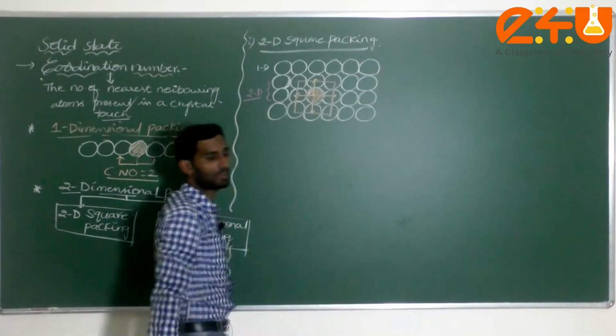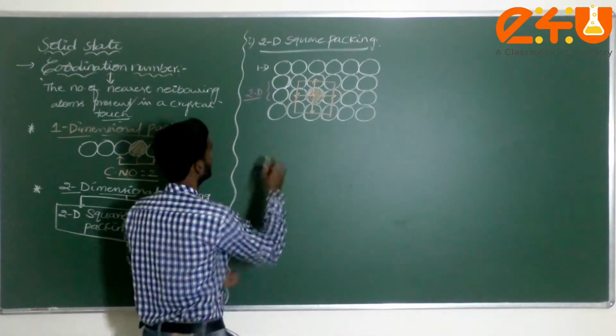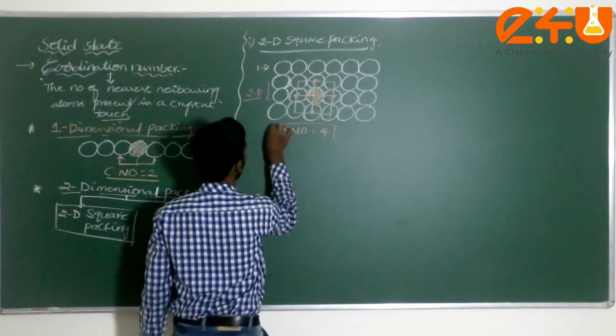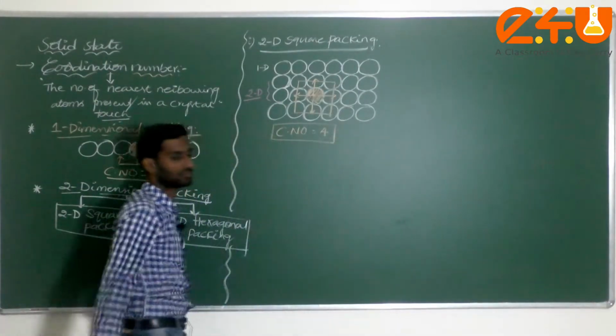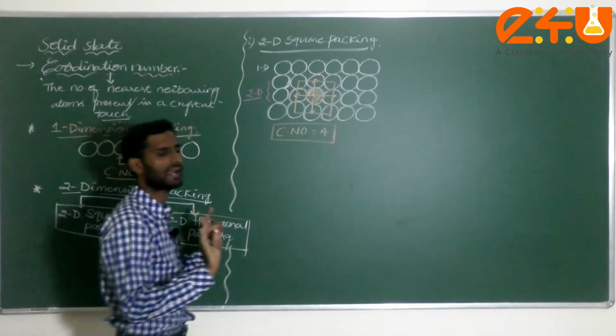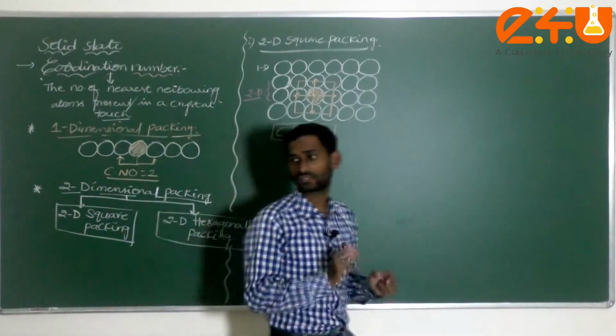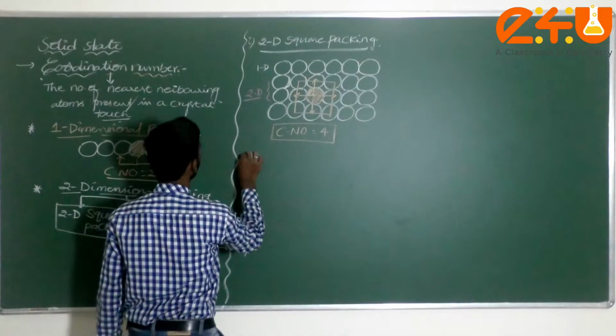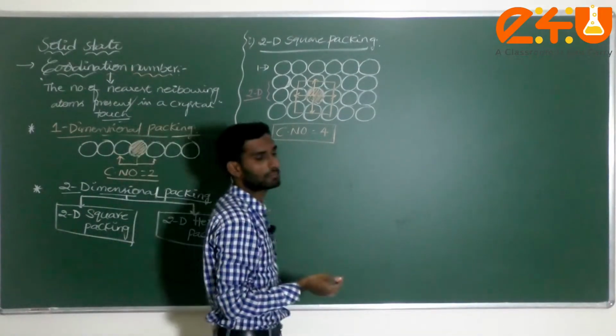So its coordination number is equal to 4. You can easily identify without any confusion. Am I correct? Two-dimensional square packing is over.